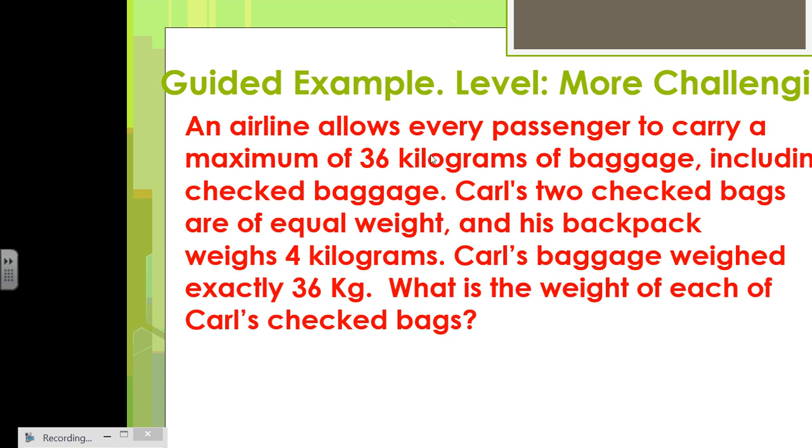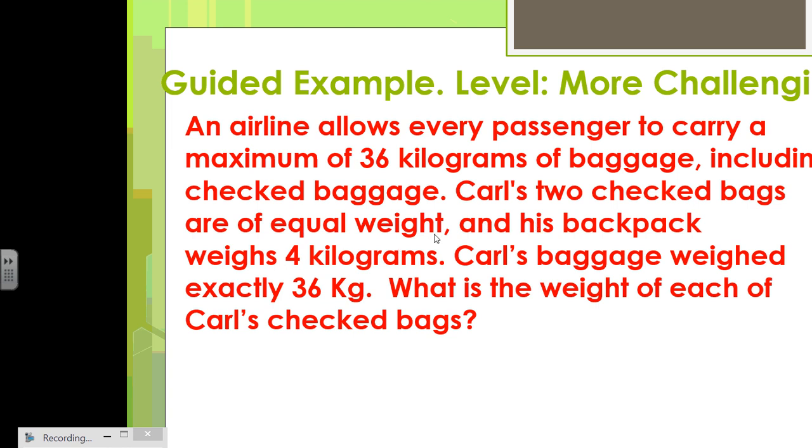Okay? Carl's 2 checked bags are of equal weight, and his backpack, I'm assuming that's his carry-on, weighs 4 kilograms. Carl's baggage weighed exactly, when it totaled out, the exact limit, exactly 36. What is the weight of each of Carl's checked bags?